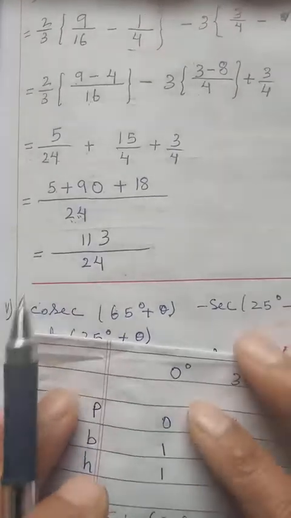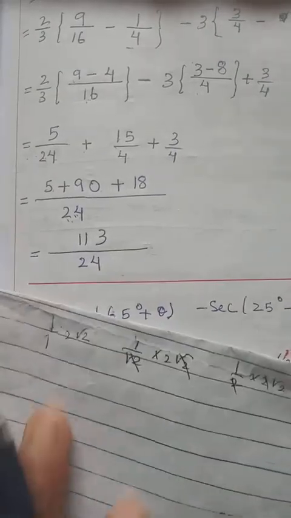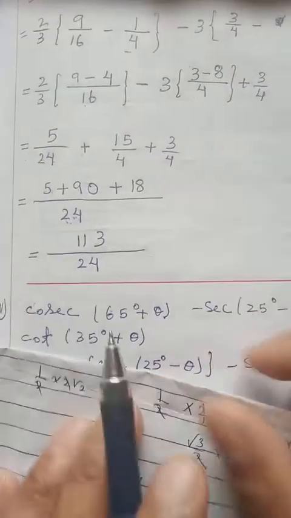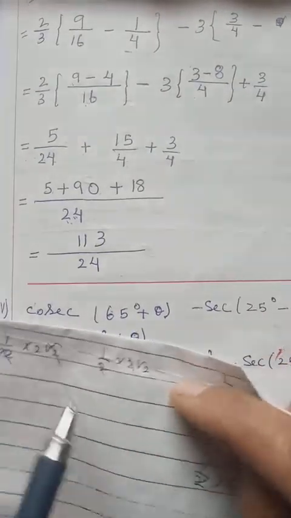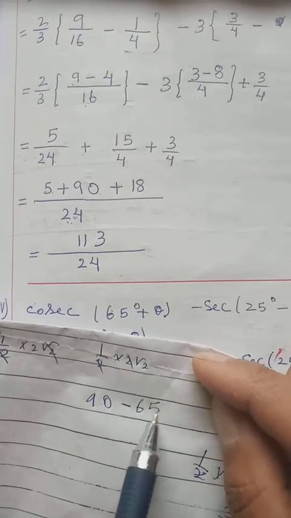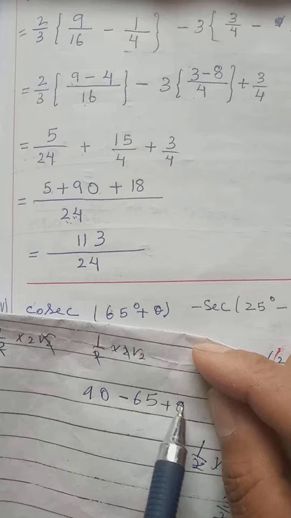So here we have cosec. We need to get 90 minus something. So what to do? First we subtract from 90 this one: 90 minus (65 plus theta).